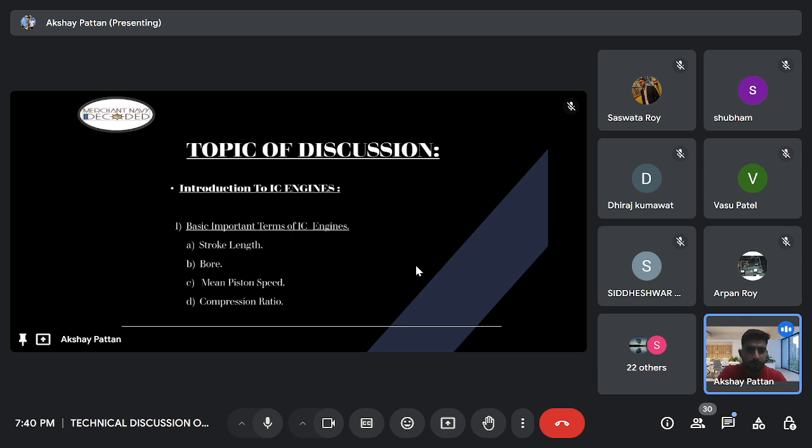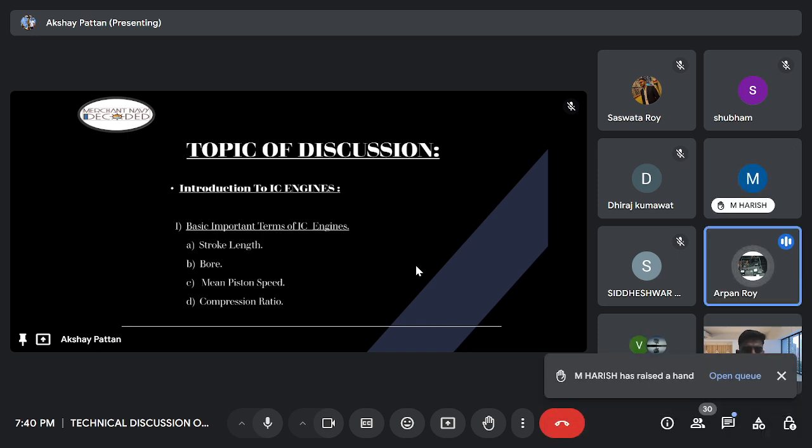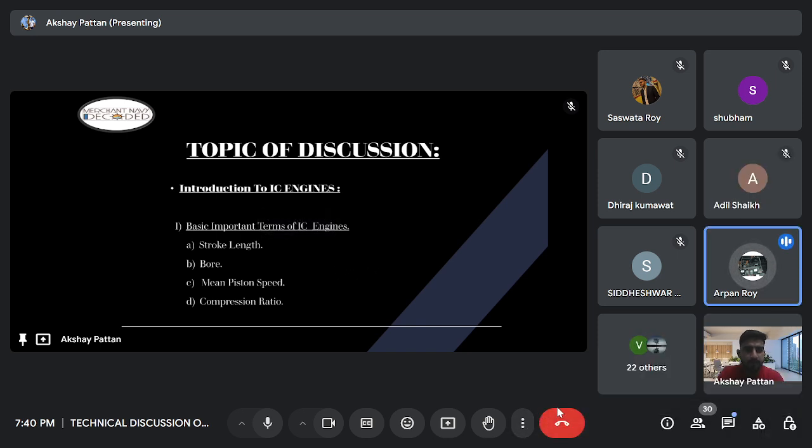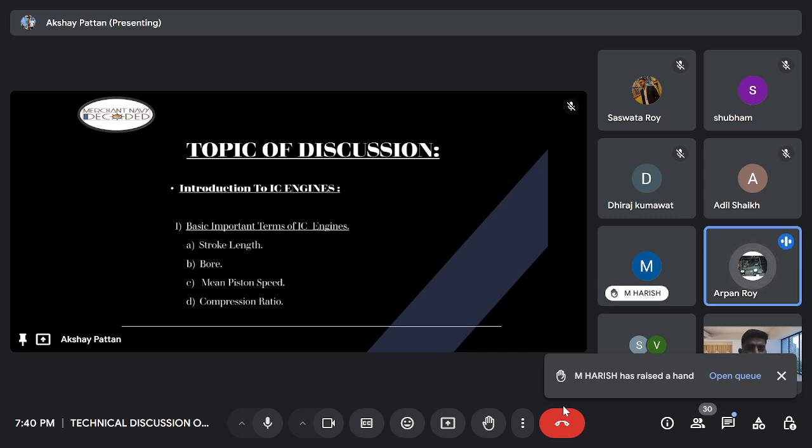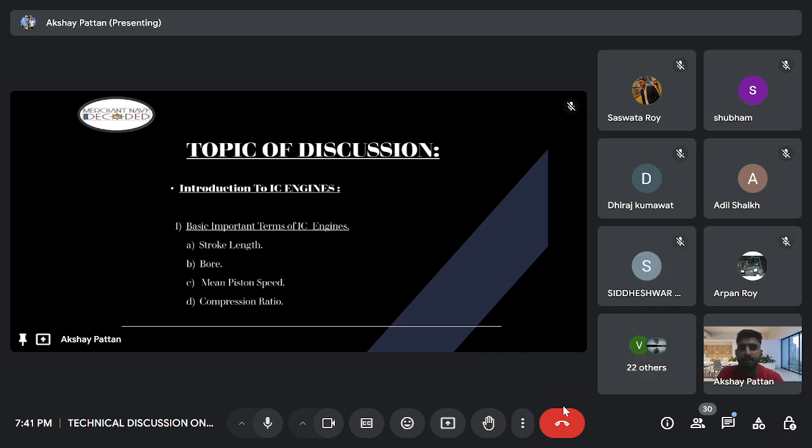Bore is the inner diameter of the piston. Guys, is this a correct answer or a wrong answer? Sir, actually, it is the diameter of the liner, the inner diameter of the liner. Okay, we will discuss it.